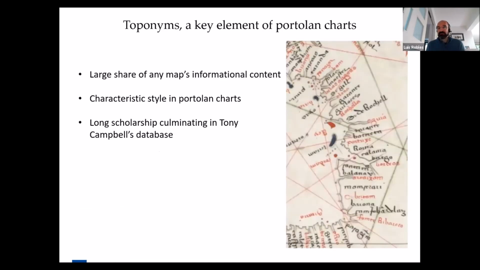So my first slide aimed to convince people of the importance of toponyms, but I think today the audience is already well aware of this, so I will not spend much time. Toponyms are a large fraction of the informational content of any map. And in portolan charts, they have this characteristic style where they are always written perpendicular to the coast, with a particular detail that normally there are two categories of place names, the most important and the least important.